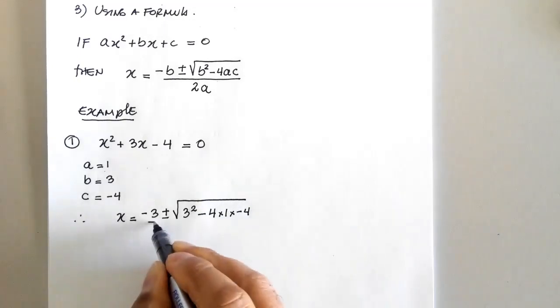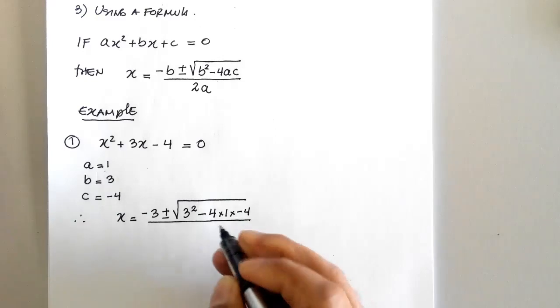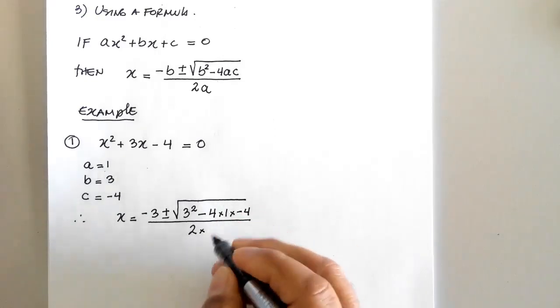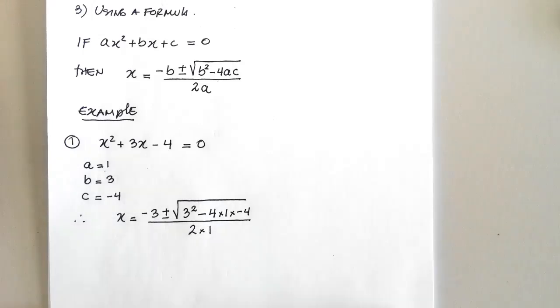Okay, and then all divided by 2 times a, which in this case is equal to 1. All I did is just substitute a, b, c back into the formula.